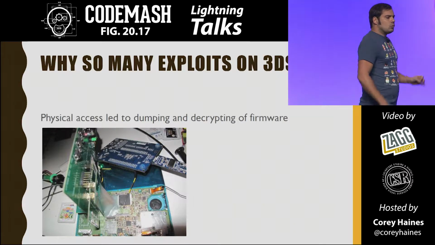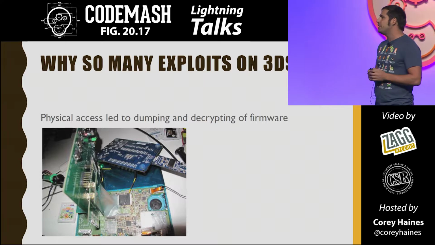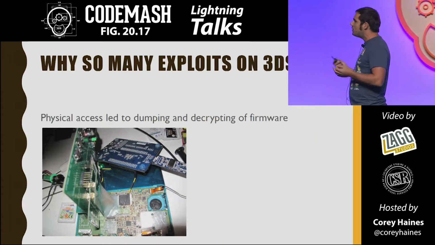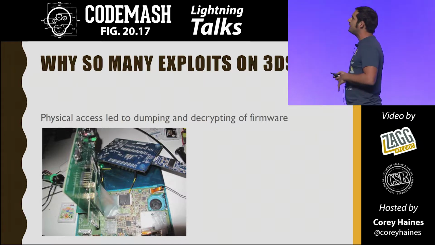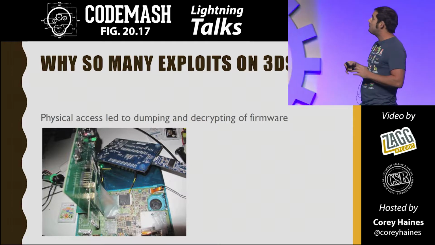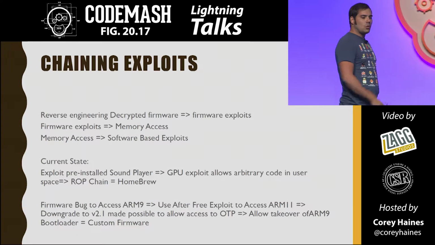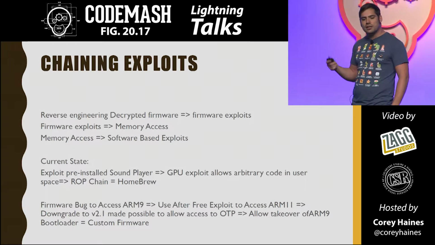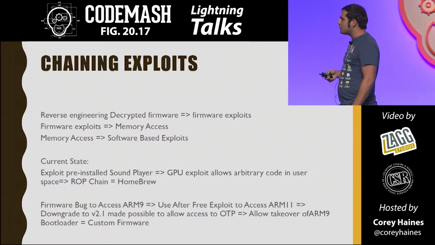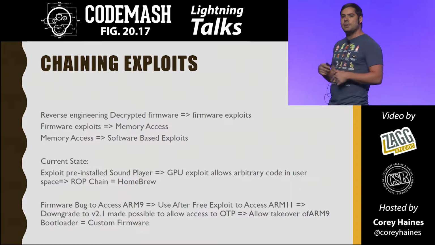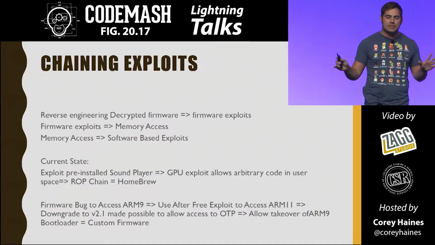So why so many exploits on the Nintendo 3DS? The first thing is someone decided to connect an FPGA up to a device and physically access the firmware, dump it, and decrypt it. Now, how does this get you to running unsigned code? Well, there is a path, and this is a common path whenever you're going to exploit any sort of piece of hardware.